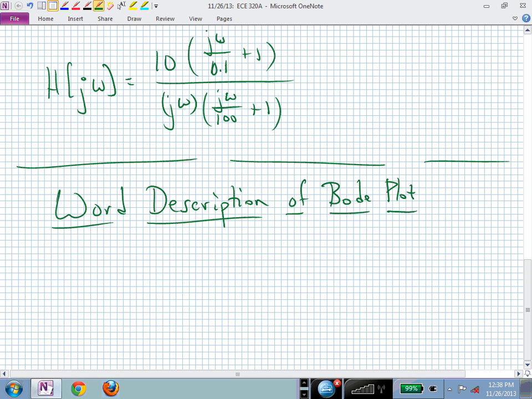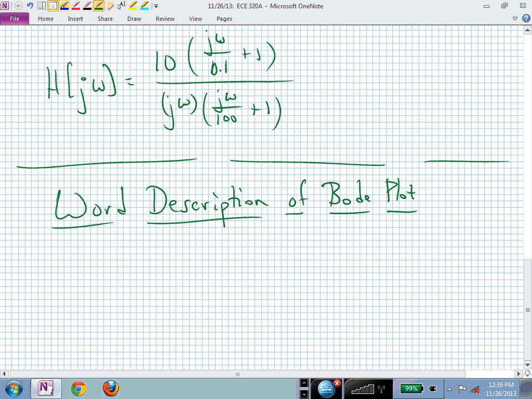We have a constant, that's 10. We have a pole at the origin, that's the j omega. We have a real zero at s equals minus 0.1, and we have a real pole at s equals minus 100. Those are our 4 terms that we now need to describe in this word description, and then we'll sketch those in a Bode plot. We'll do it in that order.